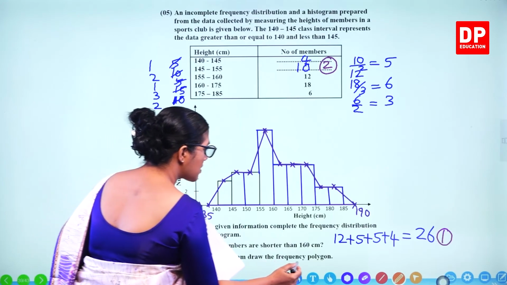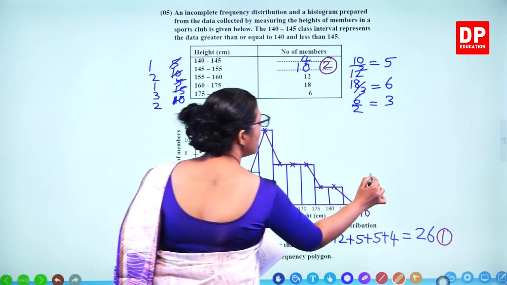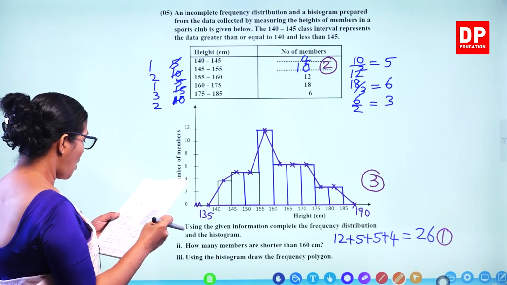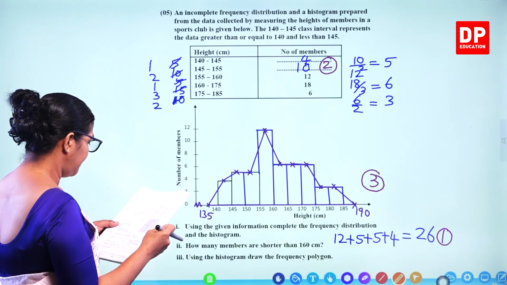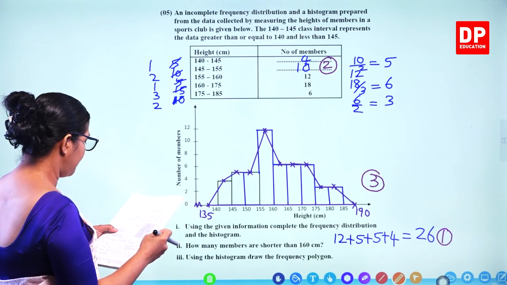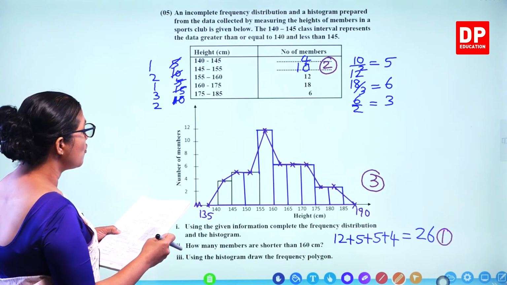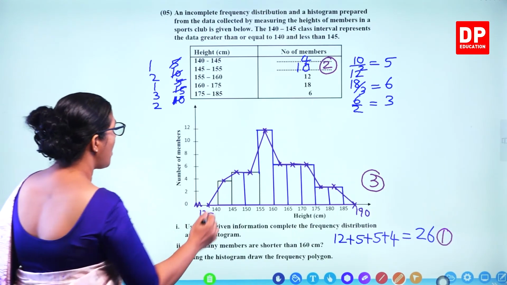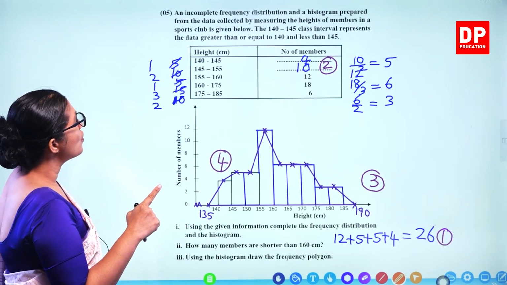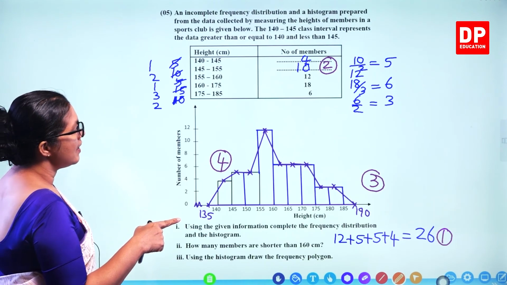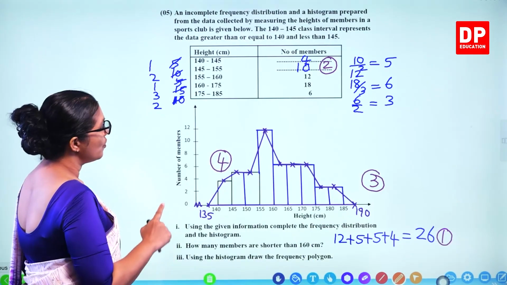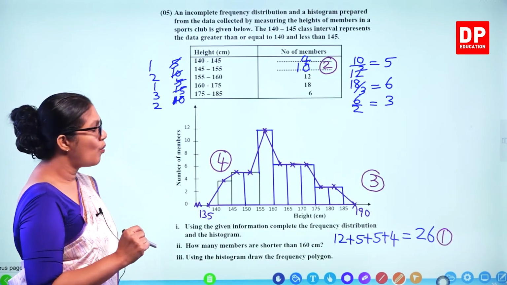And 3 marks for the frequency polygon, and you are getting 4 marks for the histogram. So 4, 2, 6, 3, 9 plus 1, 10 marks for the whole question. So you get 10 marks for the whole question.